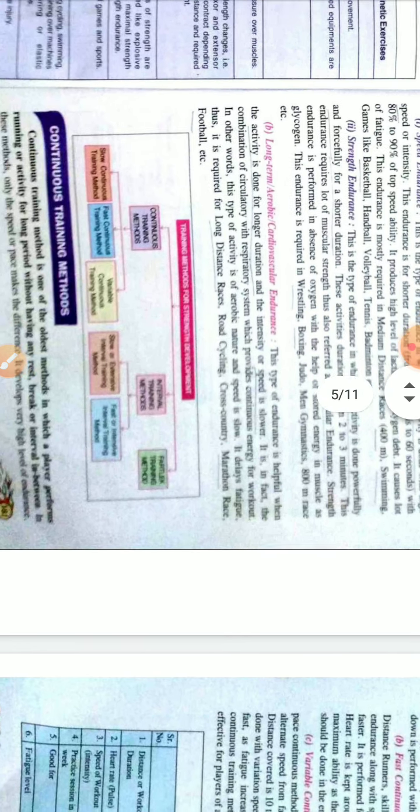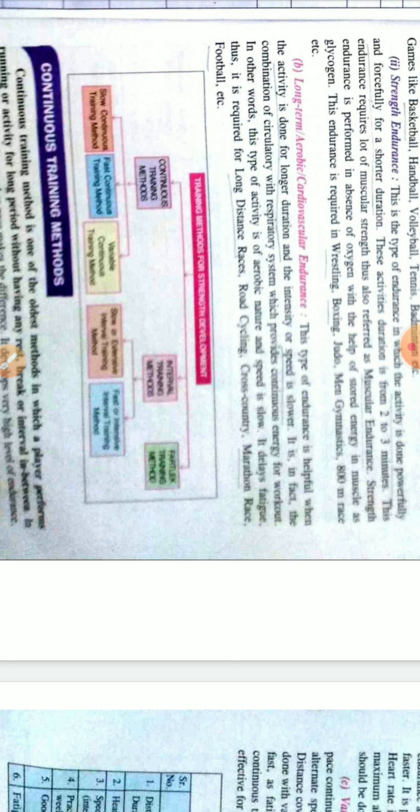And what are the training methods for endurance development? There are three methods to develop endurance, that is continuous training methods, interval training methods, and fatigue training methods. Continuous training methods are of three types. Slow continuous training methods, किसी भी ट्रेनिंग को कंटिन्यू करना विद अ स्लो स्पीड. Fast continuous training methods means doing the activity fast but continuously.